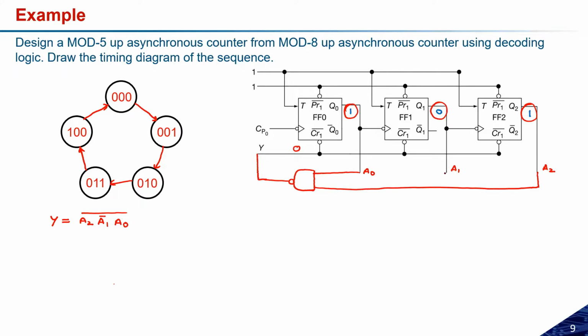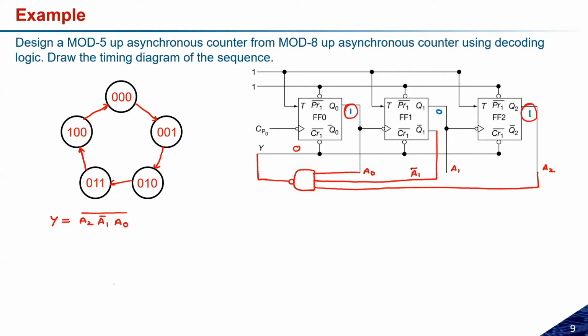I can either use one inverter and connect it to this input, which is one possibility. The second possibility: because Q1 bar is already available, why do I need this inverter? I don't need one more inverter. Simply, if I connect this Q1 bar here, this is the A1 bar.